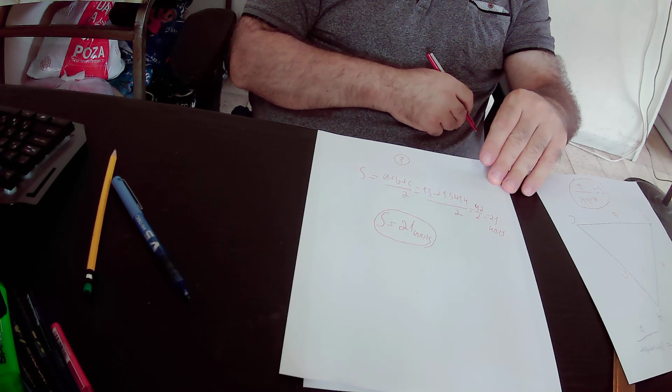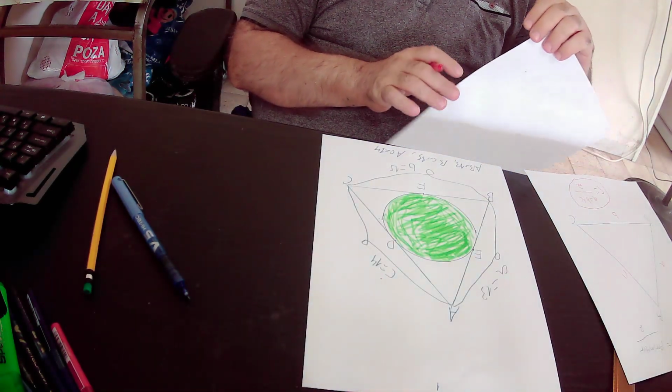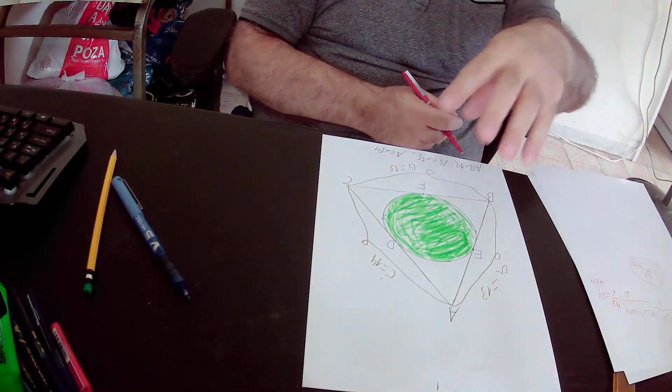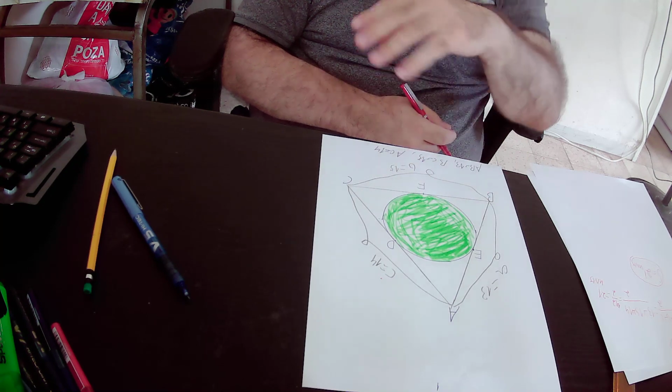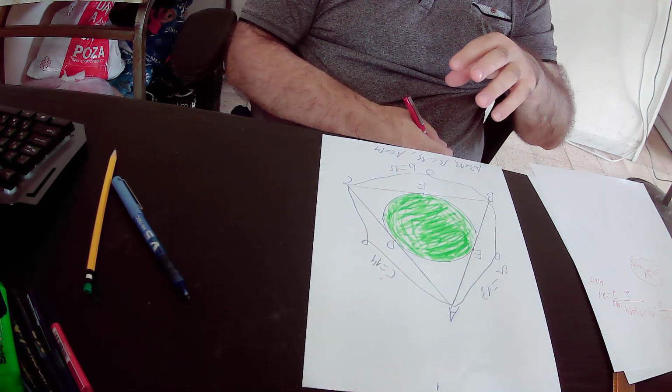So in the next step we will calculate the area of our triangle ABC according to a special formula.